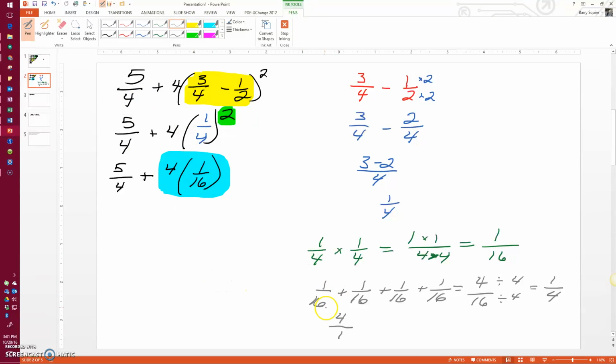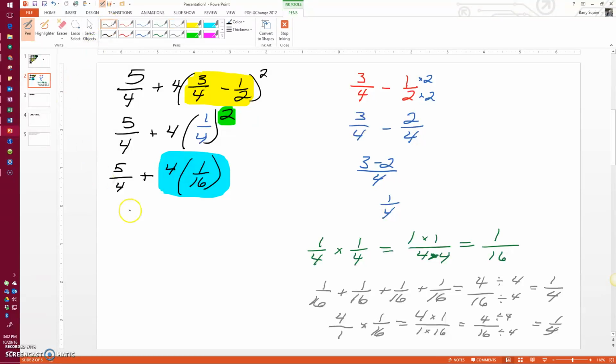So we have 4 over 1 times 1/16, and for multiplying, we multiply straight across. 4 times 1 is 4, and 1 times 16 is 16. So we still end up with 4/16. And then do the same thing that we did before: divide these both by 4, and that's going to equal 1/4.